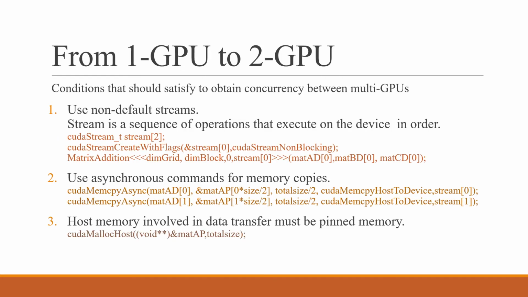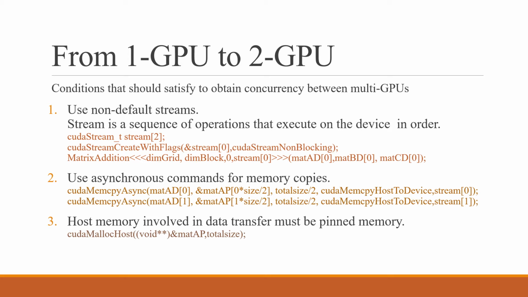In order to go from one GPU to two GPUs and achieve parallelism or concurrency between multiple GPUs, I had to use several conditions. The first condition is the use of non-default streams. A stream is a sequence of operations that execute on the device in order.